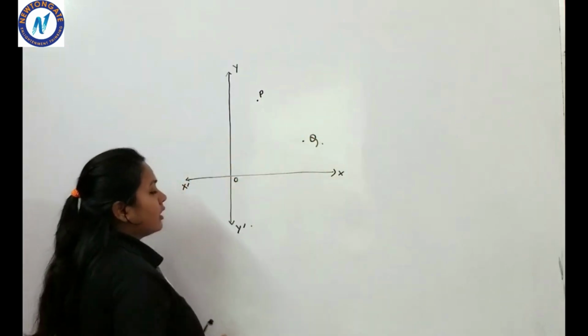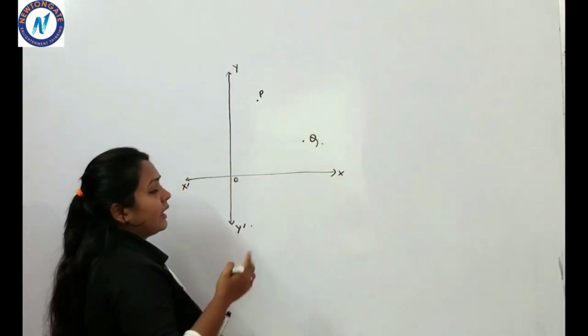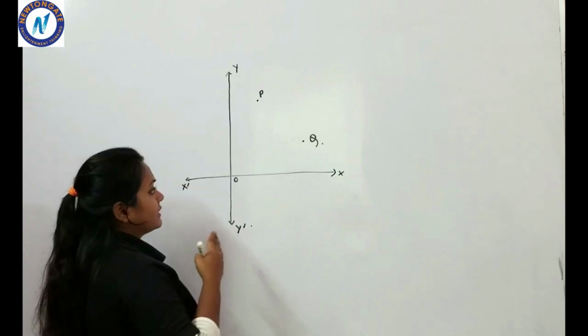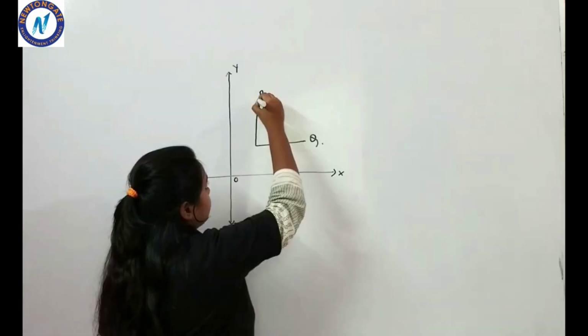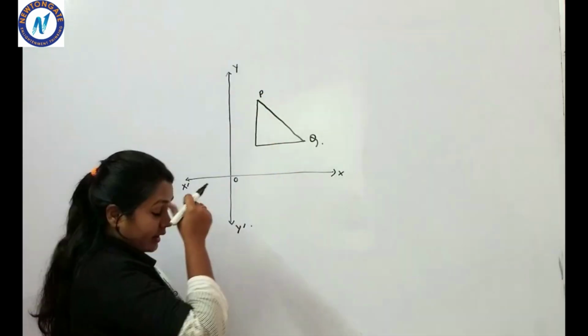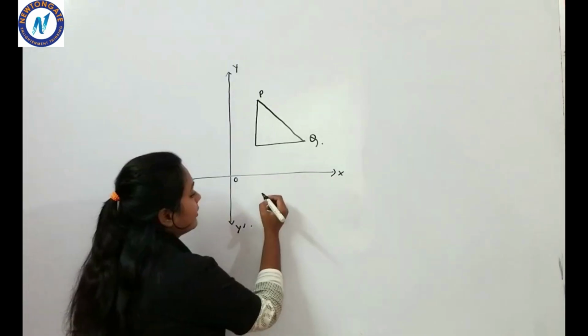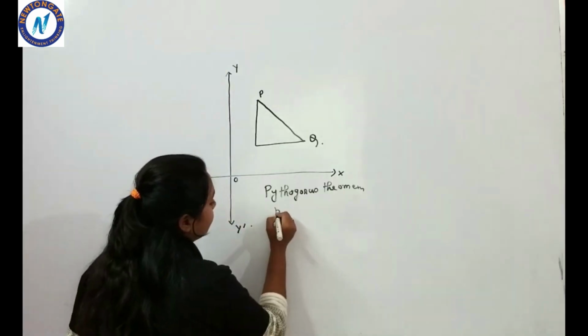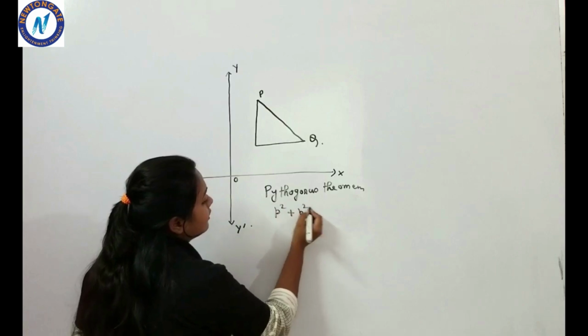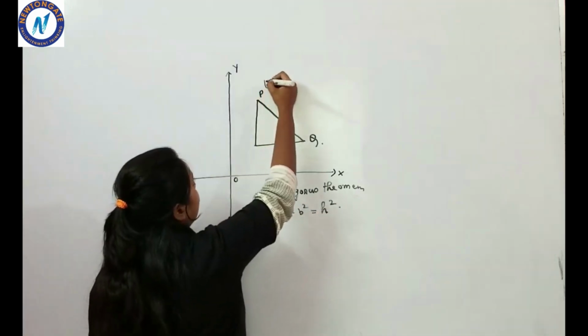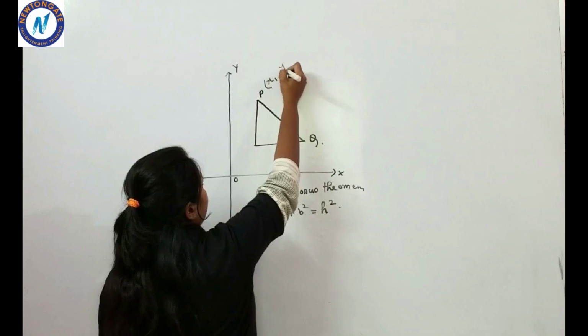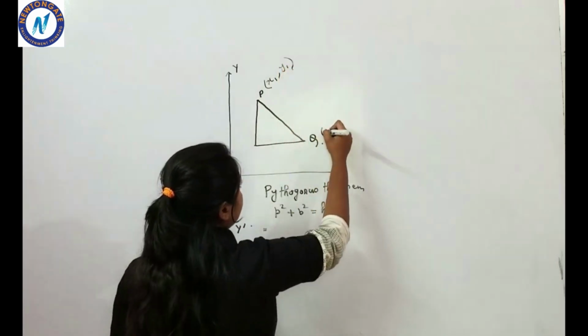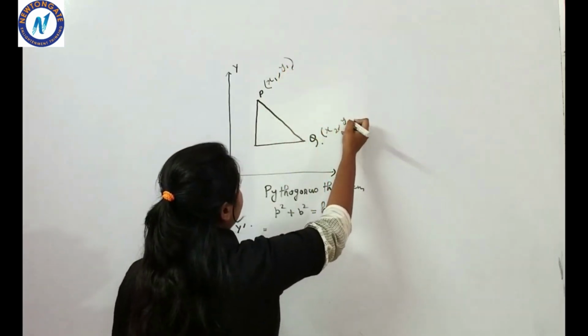At first we draw parallel lines from P and Q to the y-axis and x-axis respectively and join PQ. Here you see that it forms a right angle triangle. By Pythagoras theorem, perpendicular square plus base square equals hypotenuse square. The coordinates of P are x1, y1 and of Q are x2, y2.